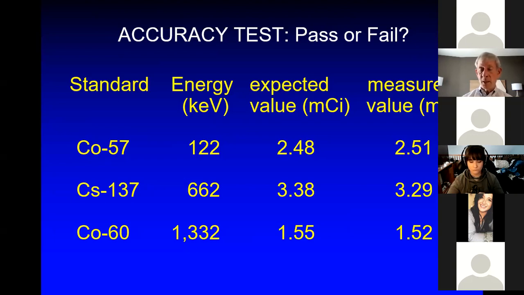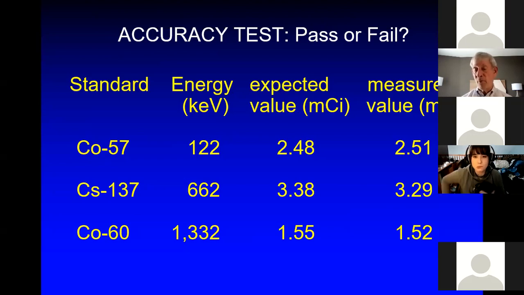Remember, they just have to be within 10%. Anybody? Is it pass? That's a beautiful pass. Those numbers are within probably 3 or 4%. Look at the first line. If you compare 251 to 248, the difference is 3 parts out of 250. That's 1 part out of 80. That's about 1.25%.